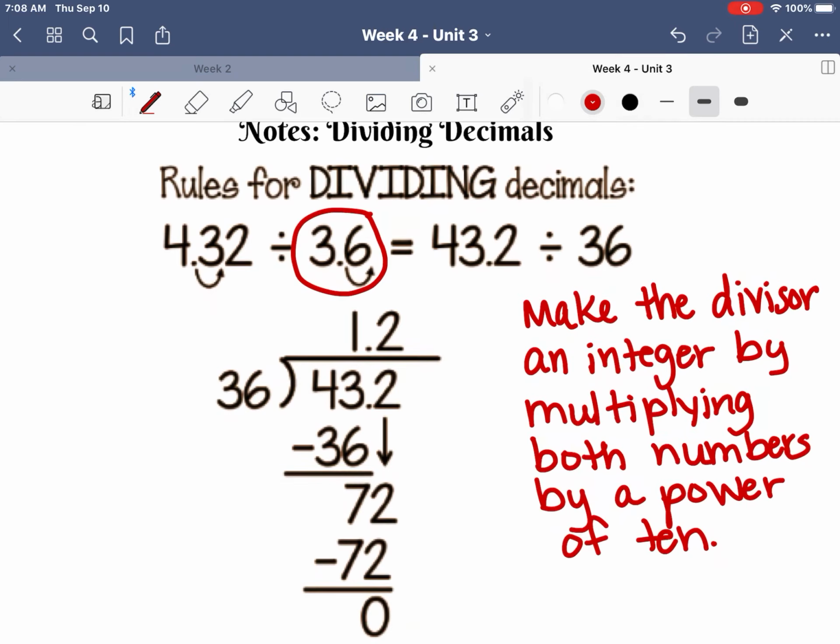Take just a minute to write that down. Make the divisor an integer by multiplying both numbers by a power of 10.